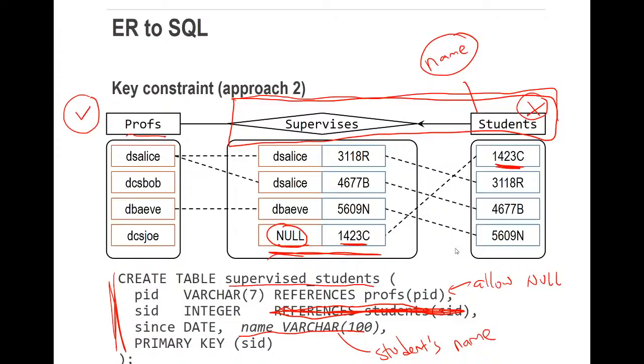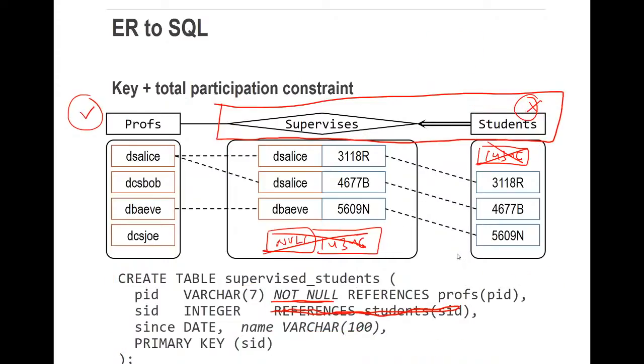Okay, so the reason why we want to combine is because sometimes it makes our lives easier. On the other hand, sometimes like this, for this one, if not combined, then the total participation constraint is not enforced.